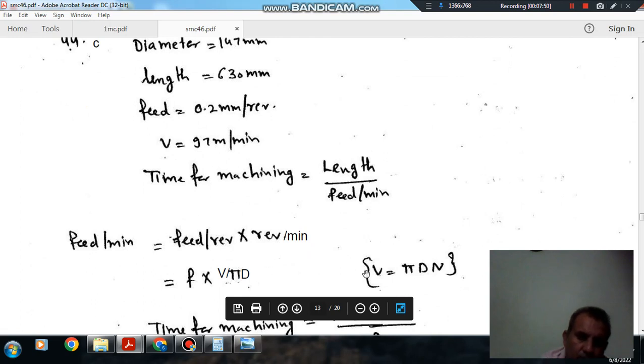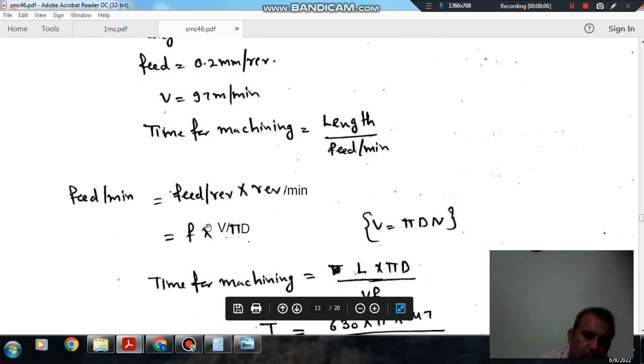RPM can be obtained from V equal to pi D N, so N is V by pi D. So feed per minute is f into V divided by pi D.